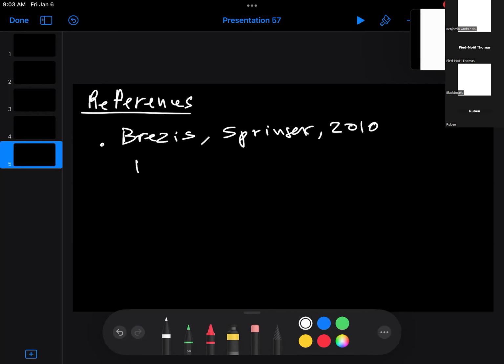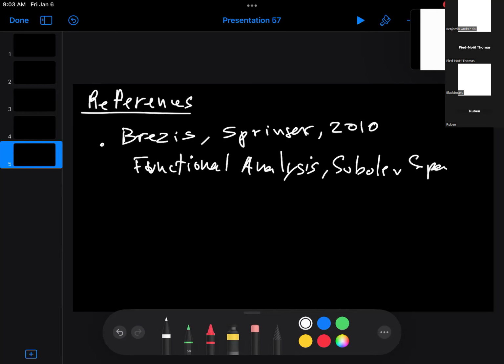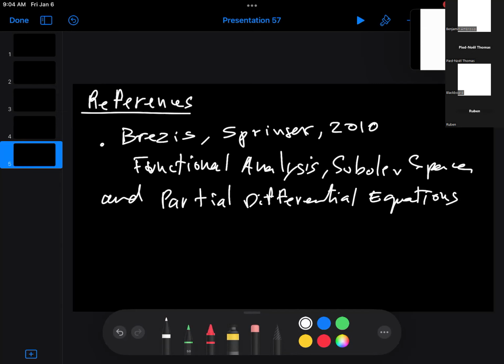It's Functional Analysis, Sobolev Spaces and Partial Differential Equations. There are a lot of comments in this book, and for example the theorem that we started with is from there.